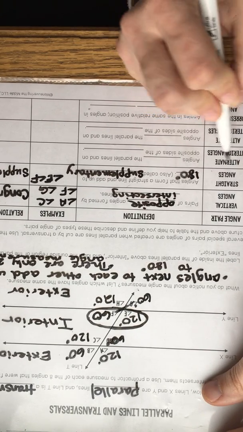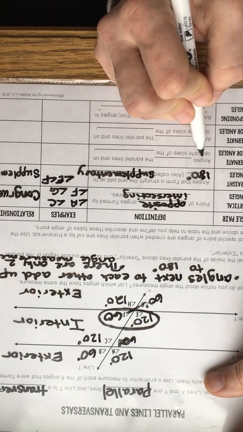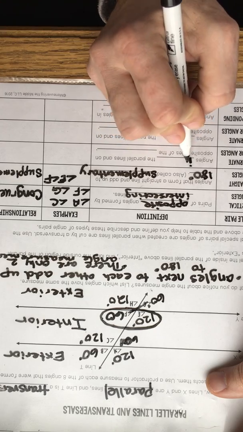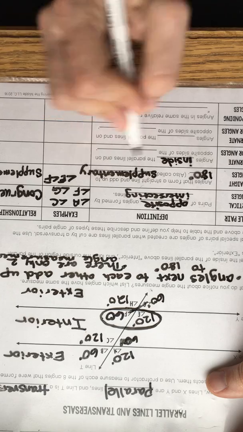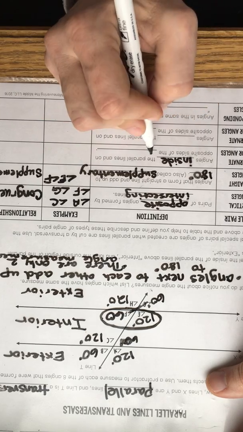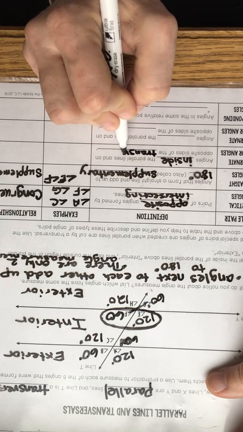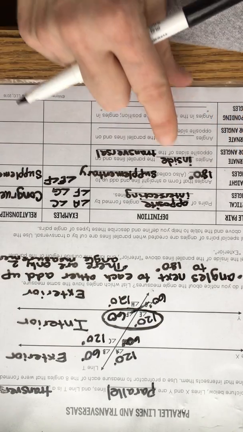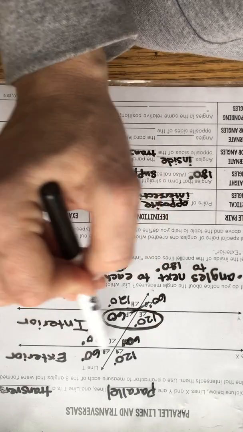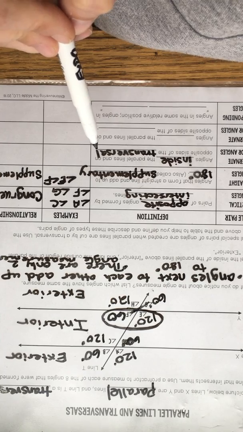All right, so the next angle pair that we're going to talk about is alternate interior angles. And those would be angles that are on the inside of the parallel lines and on opposite sides of the transversal. So inside the parallel lines, that means it has to happen in here, opposite sides of the transversal.